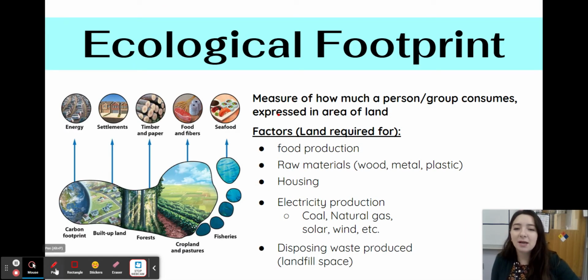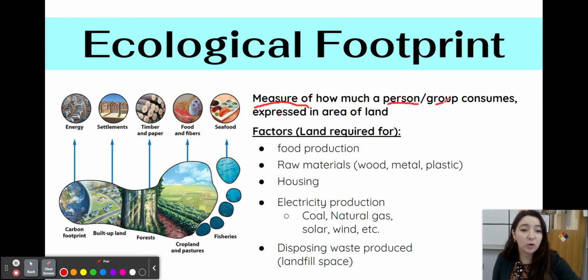Okay. So, ecological footprints. What is an ecological footprint? It's a measure of how much a person or a group consumes expressed in areas of land. We can calculate it on an individual, personal basis, or on a group basis, usually by combining the individuals' ecological footprints in a given space, like our classroom, or by averaging out a country or a town or a neighborhood.